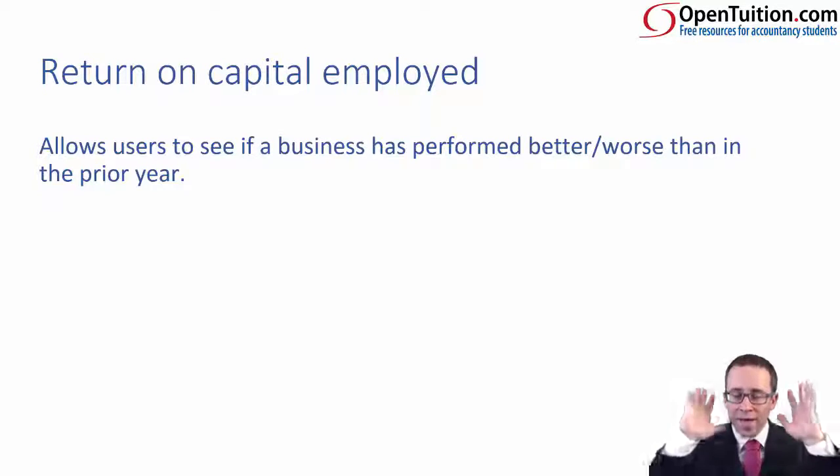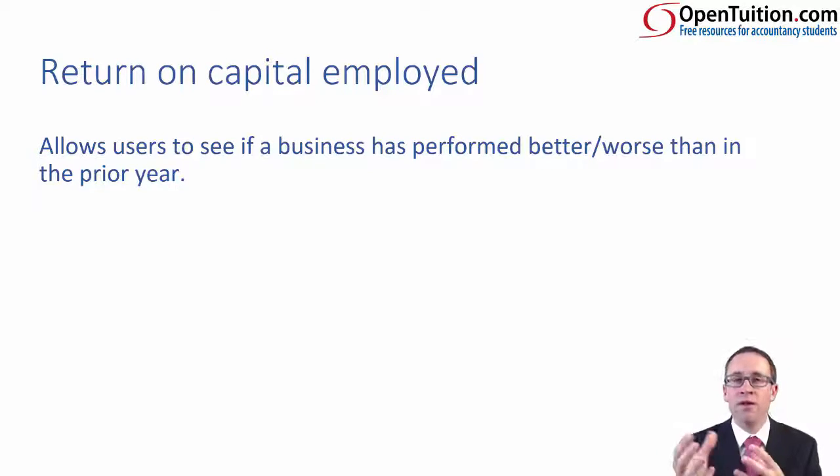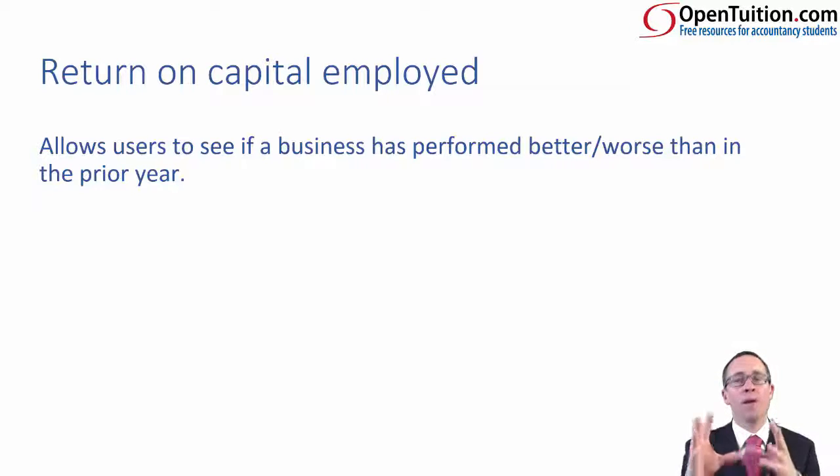Because again, you think about your headline figures, think about your profitability, your profit for the year, or operating profit, or gross profit, whichever one it is. Here we'll see that we focus on operating profit. Just because you've made a bigger operating profit in one year compared to the previous year doesn't necessarily mean that you have performed better. It looks like you have on an absolute basis, but what about on a relative basis?